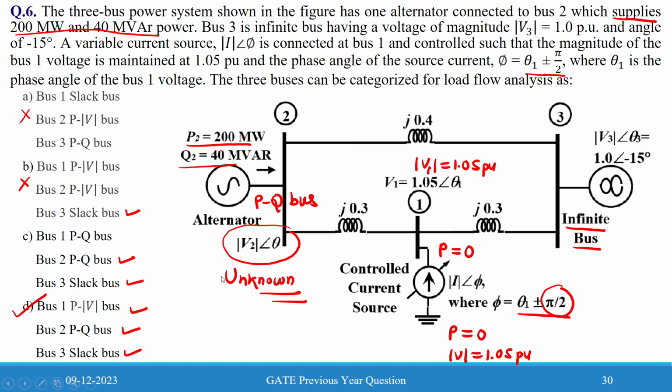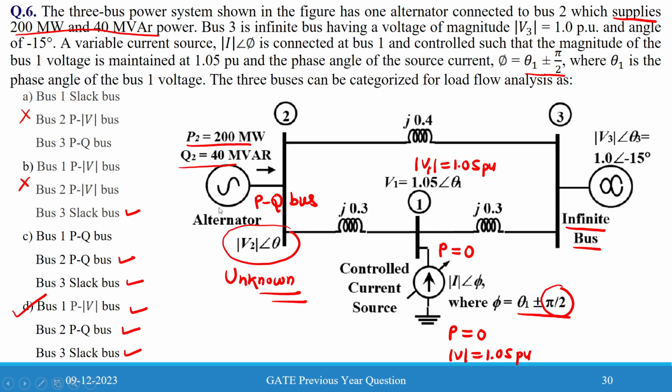So this problem is also easy. Here you have to find the types of bus 1, bus 2, and bus 3. Three buses are given, and at bus 2 we can see that P and Q are specified.